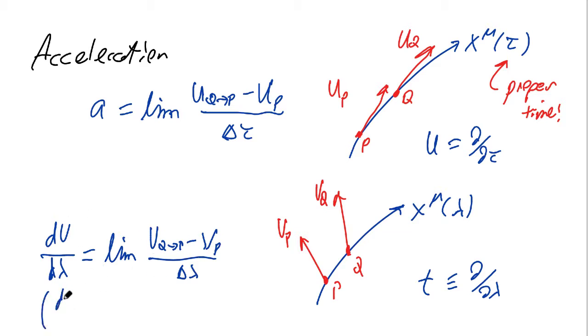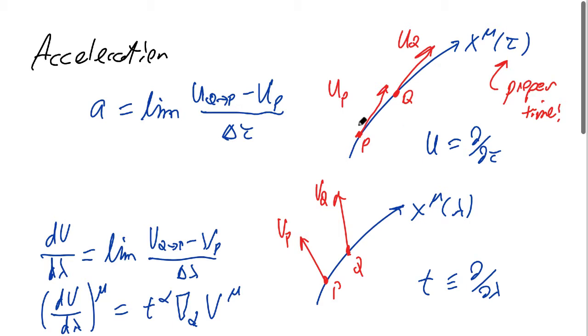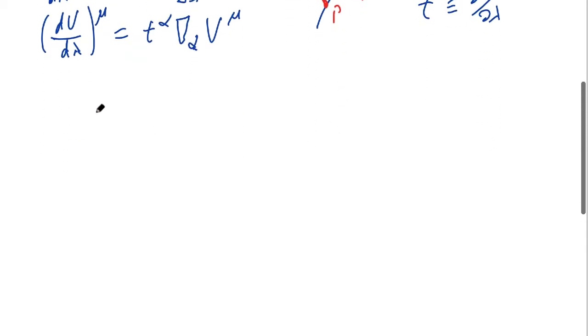If we look at the μth component of this vector, it's just given by the covariant derivative in the direction defined by the tangent vector of v. In the case of acceleration, we're differentiating the vector field u along the direction defined by the tangent vector u. So what we've denoted by t and v here are actually both the same vector field u for acceleration. So what we find is that the μth component of the acceleration is u^α ∇_α u^μ.